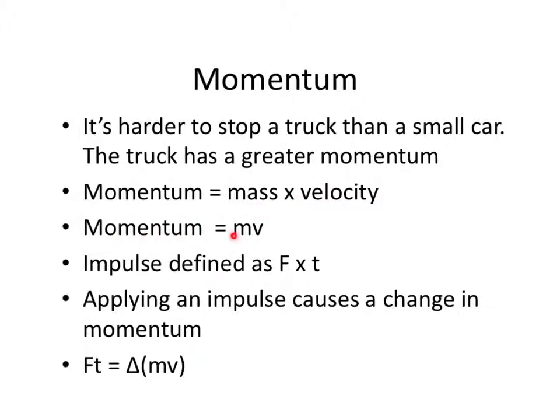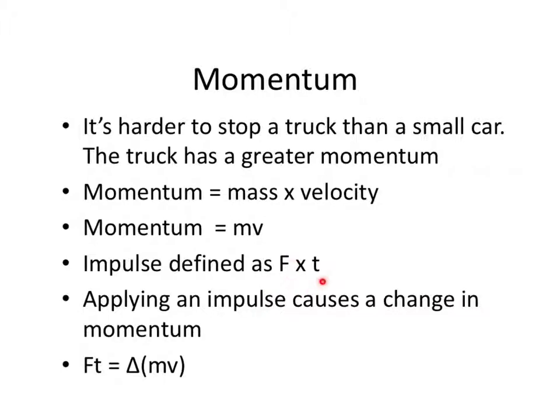Now, a very closely related concept is that of impulse. And impulse is defined as the product of force times time, F times t. And when you apply an impulse to an object, it causes a change in momentum. Well, if you think about it, that makes perfect sense, because what we've learned so far about Newton's second law is that when you apply a force on an object, the object accelerates.